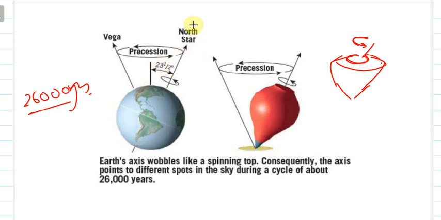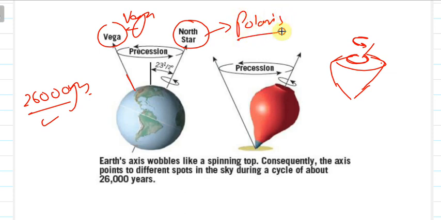Okay, so currently you are seeing the North Star. If you are standing at the North Pole, you see the North Star, the axis is pointing toward the North Star, but through 26,000 years you will see Vega. Okay, so currently the name of the North Star is Polaris, right?